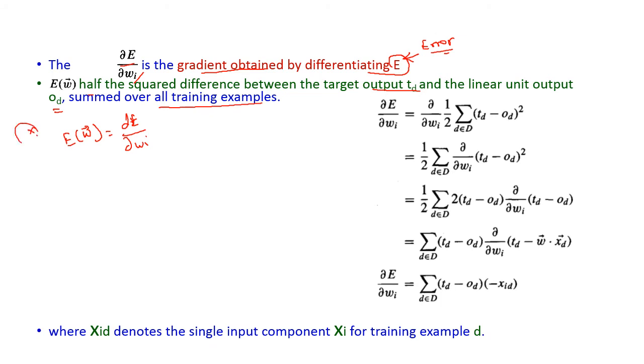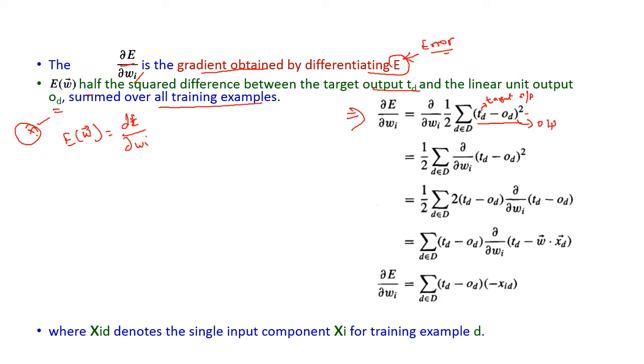So dE/dWi is the differentiation of 1/2 summation of d belonging to D of (TD minus OD) squared. TD is the target output, OD is the original output, and the difference is squared.